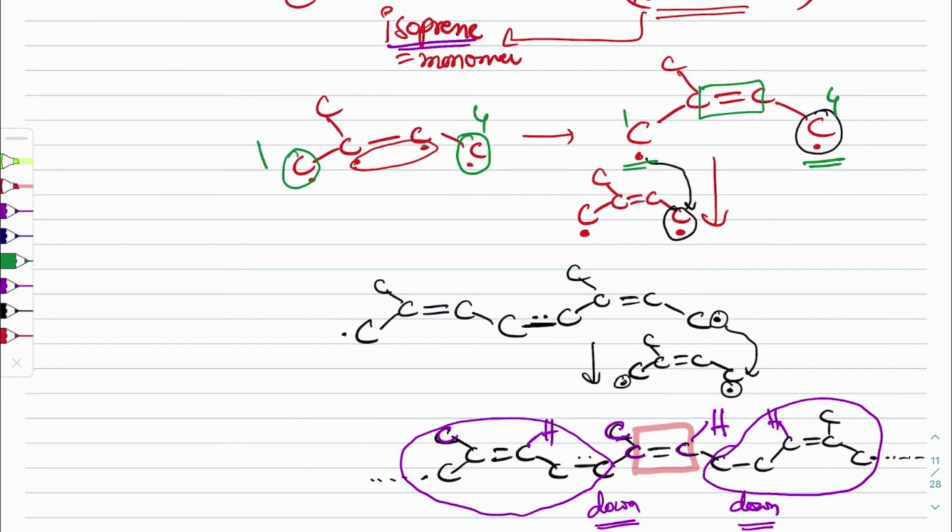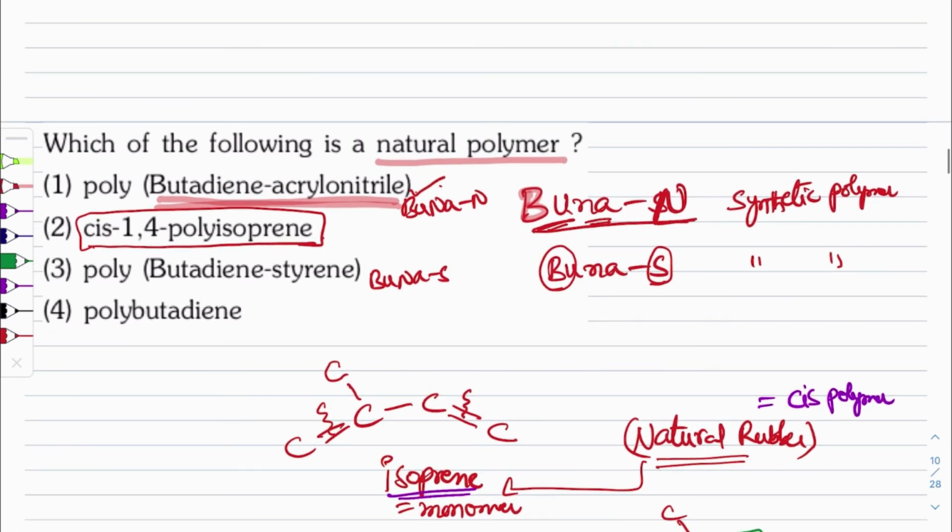That's why natural rubber is called 1,4 polyisoprene. And since it is a cis polymer, it is given as cis polyisoprene. So therefore, this should be the right answer.